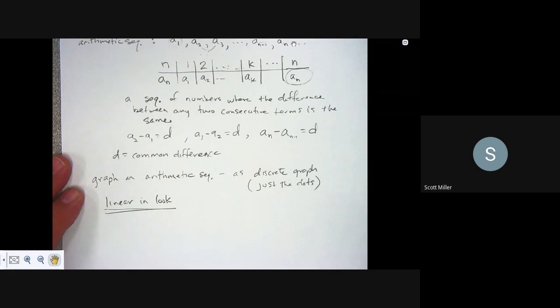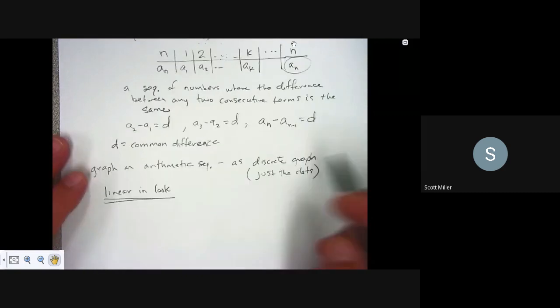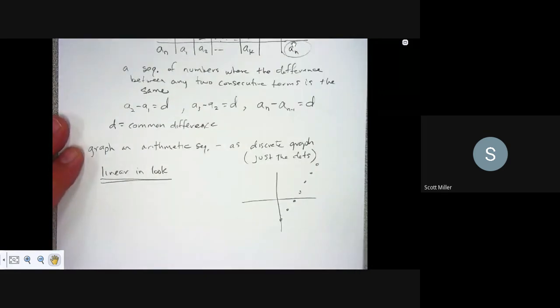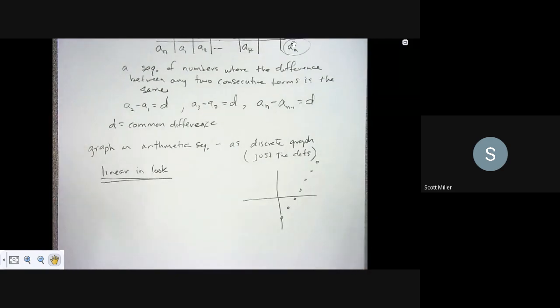It'll be linear in the way it looks, but it's just a series of dots. There is no in between. That's why it's called a discrete graph. You can see that it's all lined up nice and pretty, and it would look something like this in an example. I would have a dot, a dot, a dot, a dot, just like that, if you graphed them out. That's one possibility. They can go downwards, they can go flatter, but this is just an example.